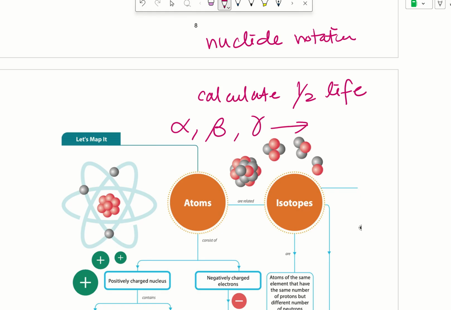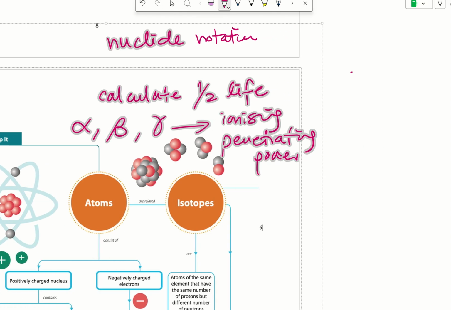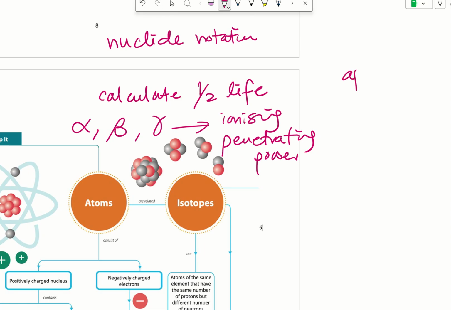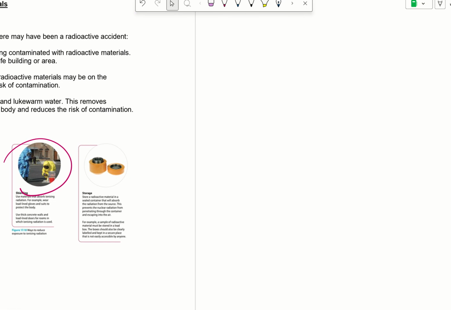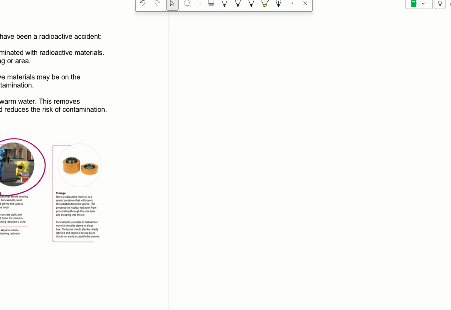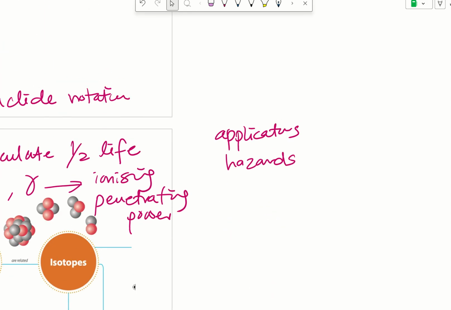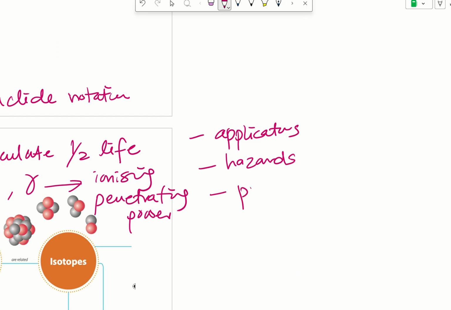They'll ask you factual recall, like the ionizing and penetrating power. Then of course they will ask you about applications, hazards, and protection. So you need to know some facts about all this.